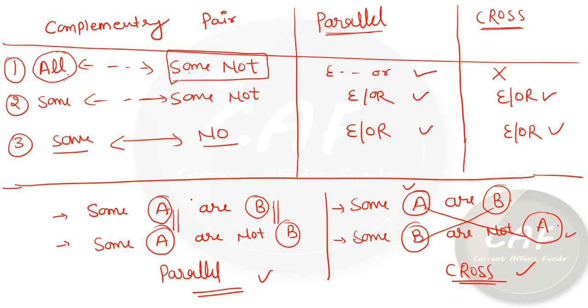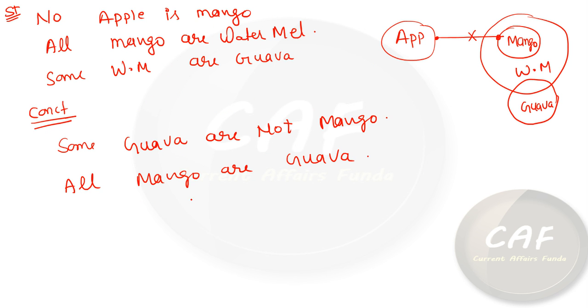Okay. That's why we have written here something. First conclusion starts with some and second conclusion starts with all. First conclusion starts with some not. Some is here and not is here. That means that is negative here. And second starts with all. Okay. So all plus some not will make a complementary pair.